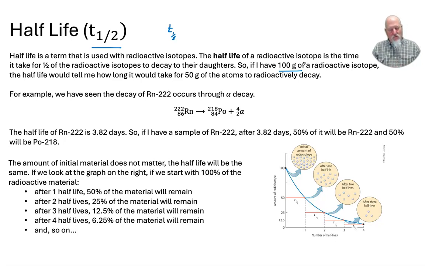So 50 grams will have decayed away, and 50 grams will still be remaining. The half-life is the time it takes for half of the radioactive isotope to go through its decay process.